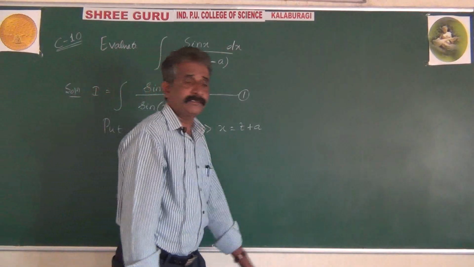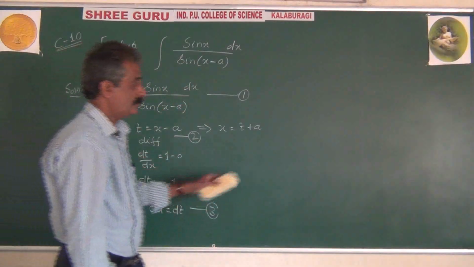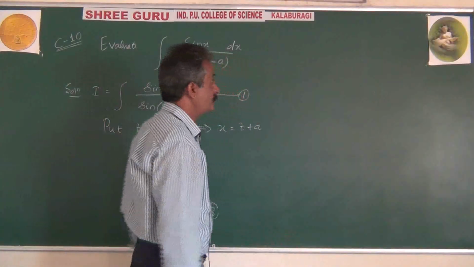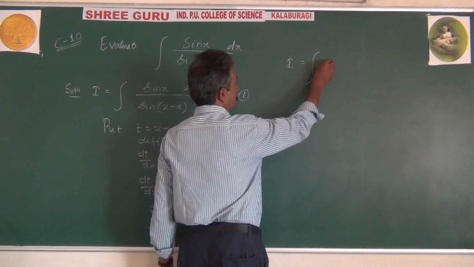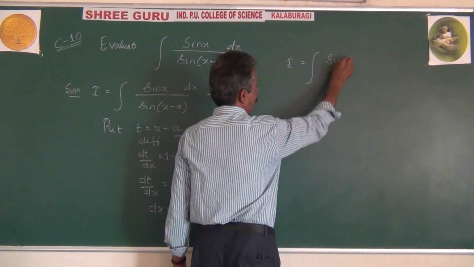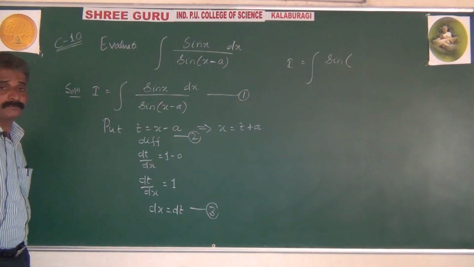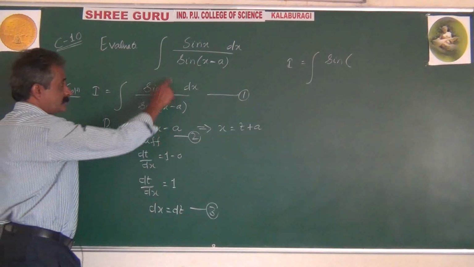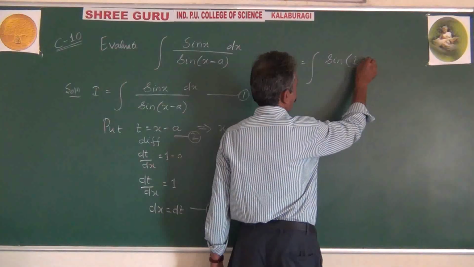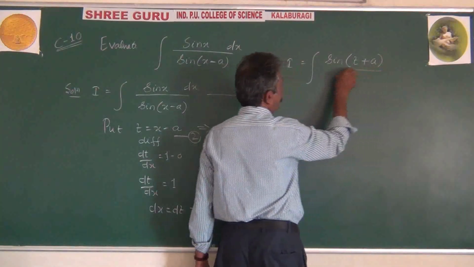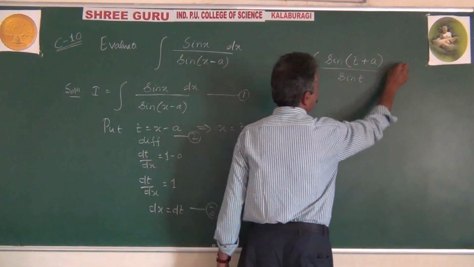Now from 2 and 3 using in 1, I equal to integration sin. Keep in mind, we have to convert our problem completely in terms of t. In that process, what is the x value? t plus a, divided by sin of t. dx value is dt.